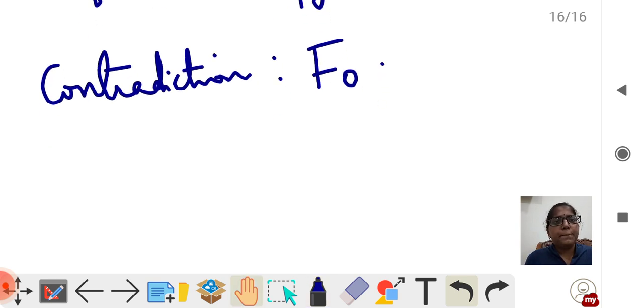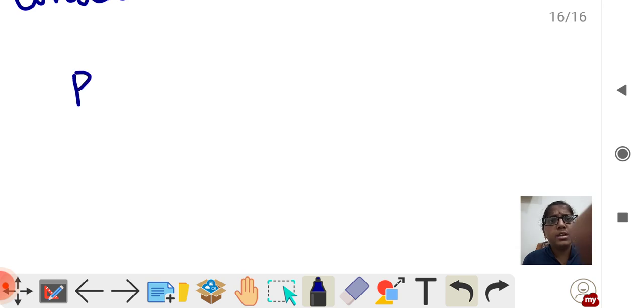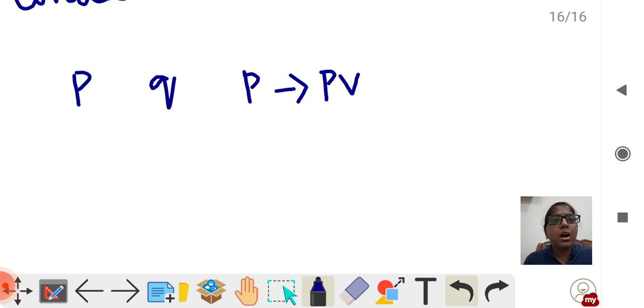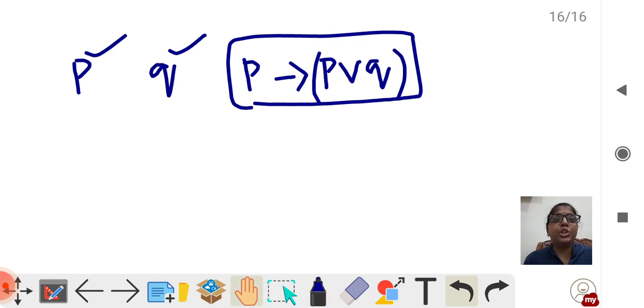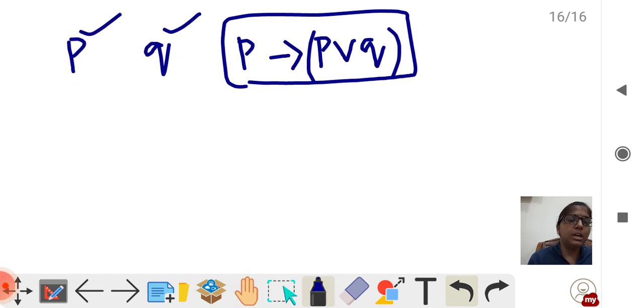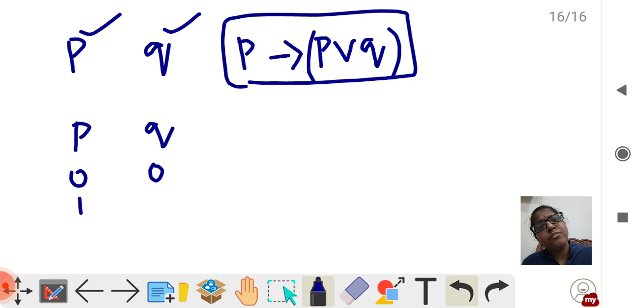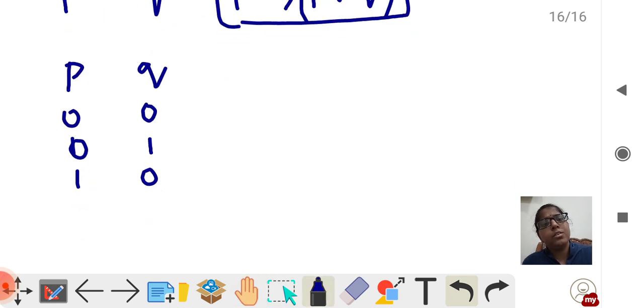So for example, if we are having P, Q and P → (P ∨ Q), we have to find P → (P ∨ Q). P and Q are given as two declarative statements, or propositions also you can say. So for P, Q, what are the combinations? 0 0, 0 1, 1 0 and 1 1.